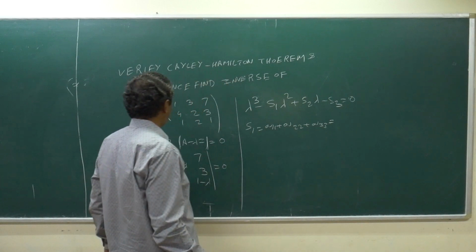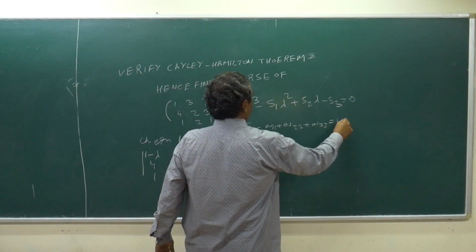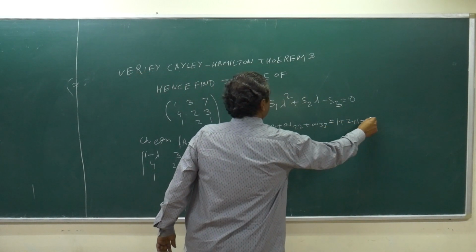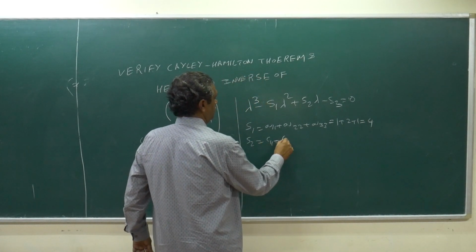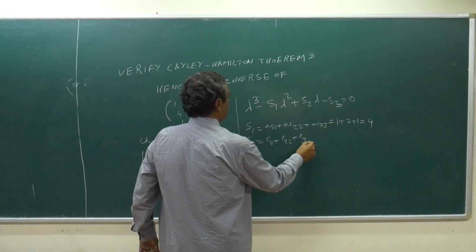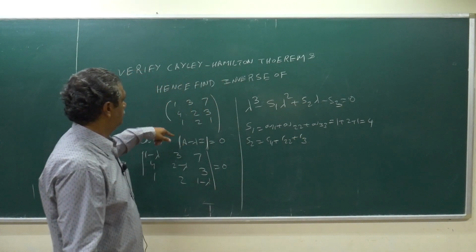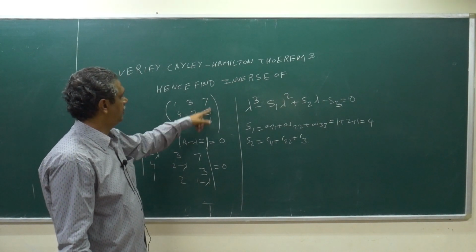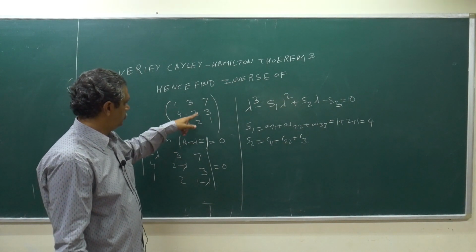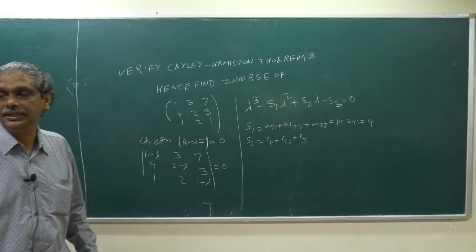That is A11 is 1, plus 2, plus 1, which is 4. S2 is equal to C11 plus C22 plus C33, the cofactors of the diagonal elements. Then 2 minus 6, 1 minus 7, and 2 minus 12. I am just skipping and writing directly.